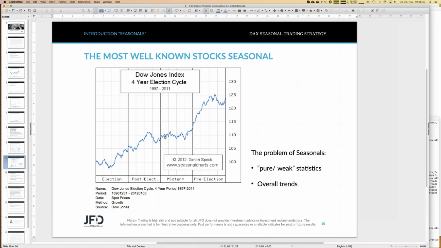Okay, not this year. That was not a bad year for Dow Jones or any other index. But at least that is the average over the last 120 years. But following the logic, so with the end of this year already, it would go up until summer, even much stronger than this year.